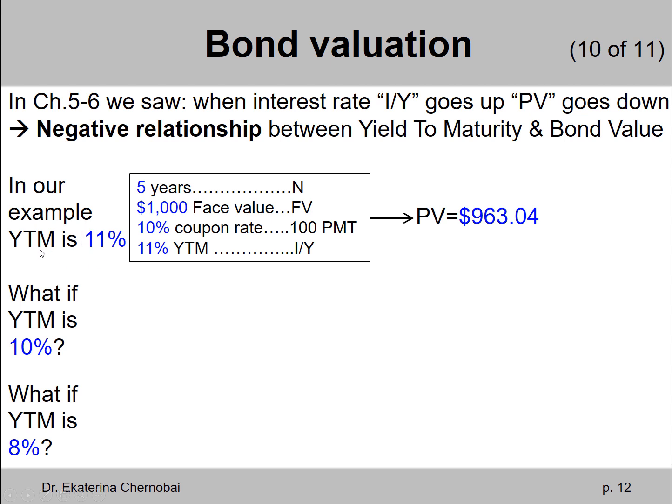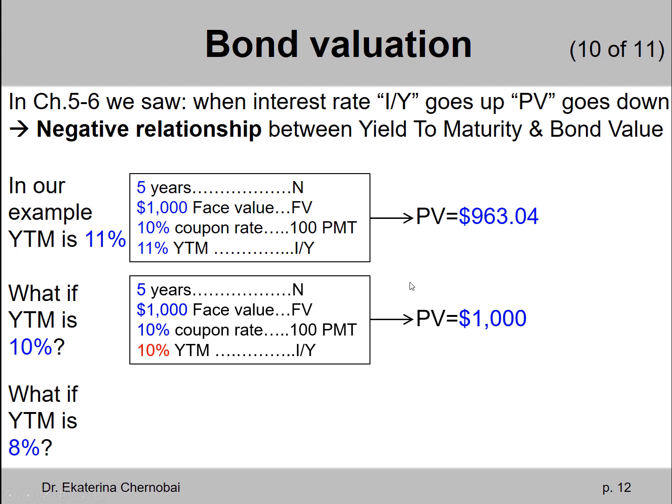What if we lower the yield to maturity from 11% to 10%? The negative relationship tells us that that should make the bond value higher. And if we repeated the financial calculator keys and only changed the IY from 11 to 10, we would get the higher bond value, and that would be $1,000.